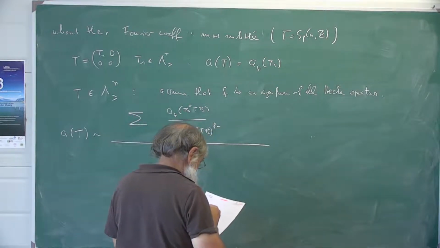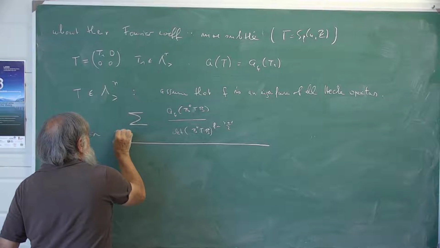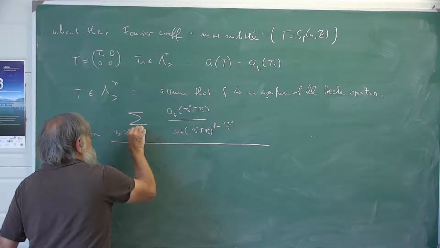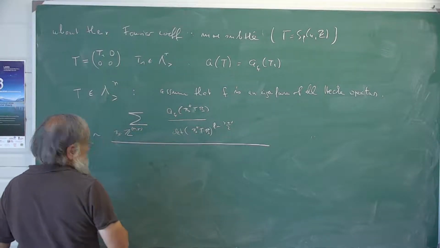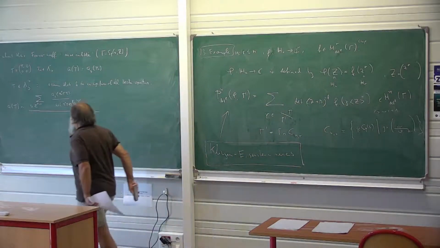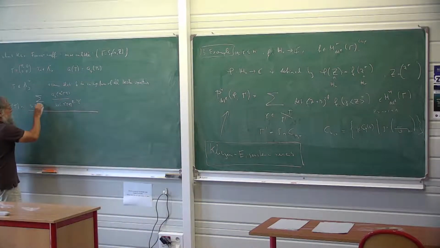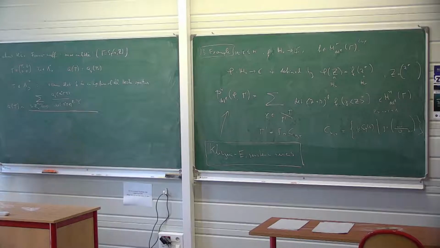The numerator involves a determinant, and the sum is over all B in V_R modulo GL_R(Z), with some rank conditions such that this determinant is different from 0.